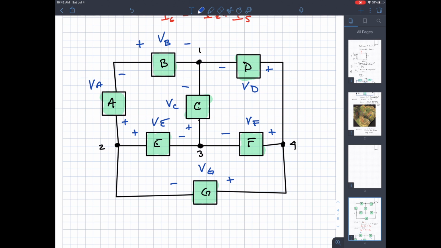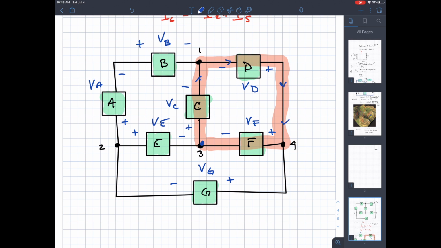At this point what I need to do is identify loops. There's lots of loops in this circuit, so let's talk about an easy one. We could move from here around this way back to here. That's a loop. There'd be a starting point, and then we move in this direction around this loop.